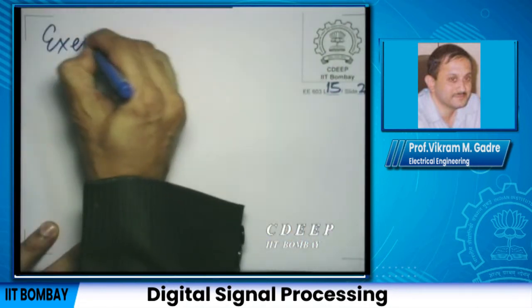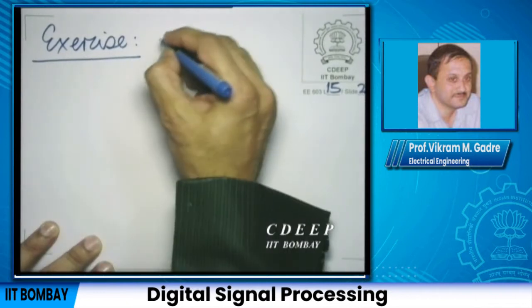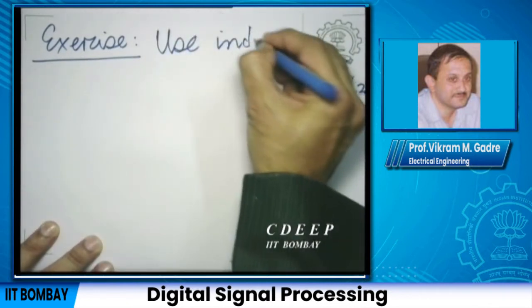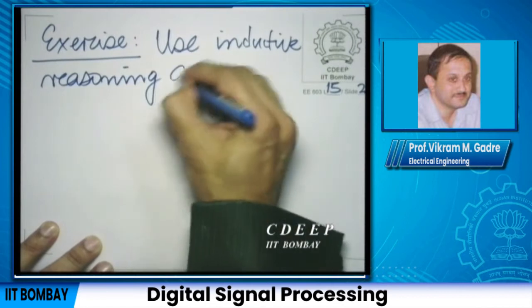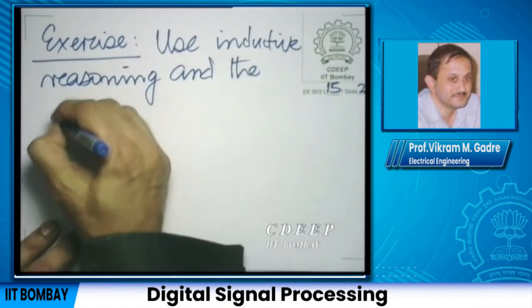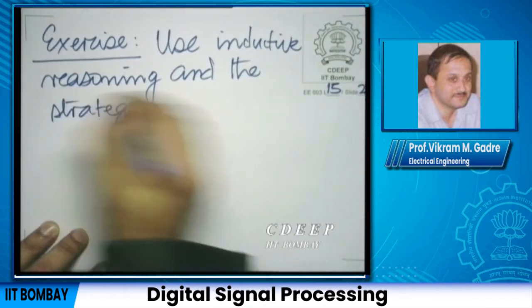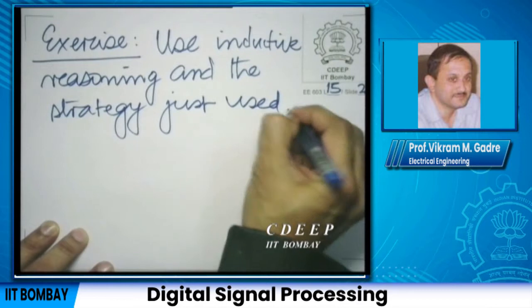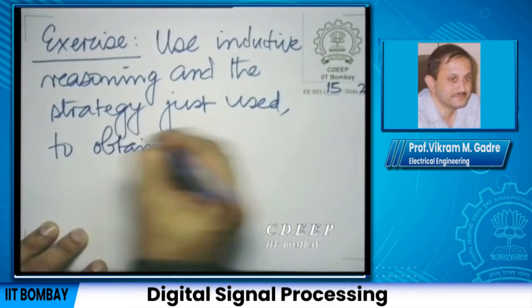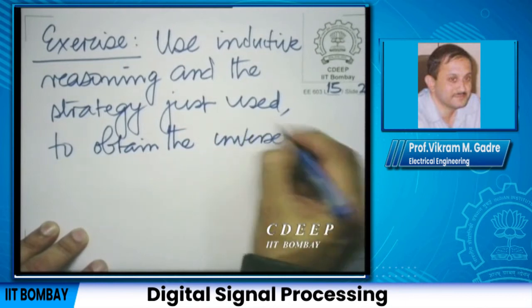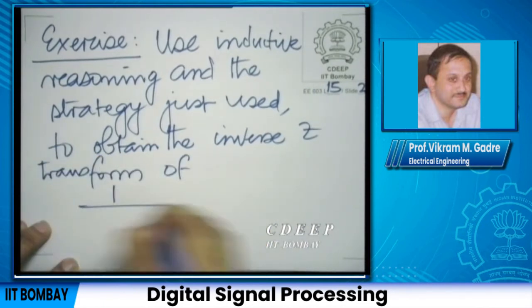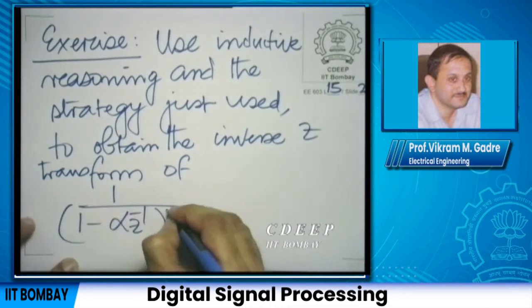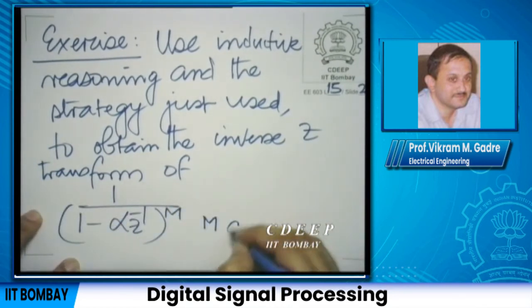Use inductive reasoning and the strategy just gone by to obtain the inverse Z transform of 1 by (1 minus alpha Z inverse) the whole to the power m, where m is a positive integer.